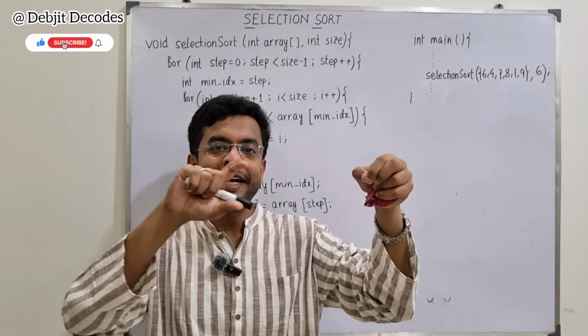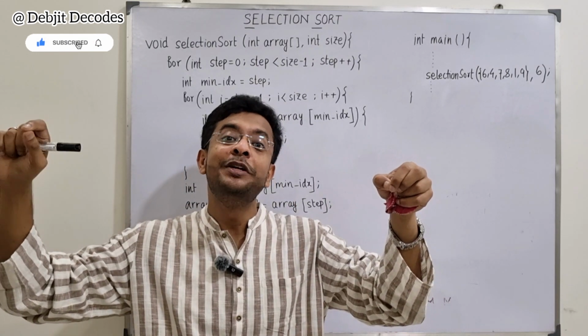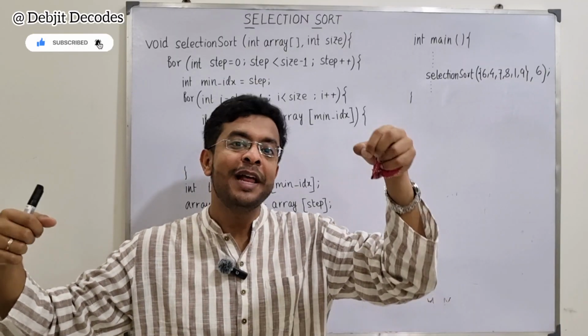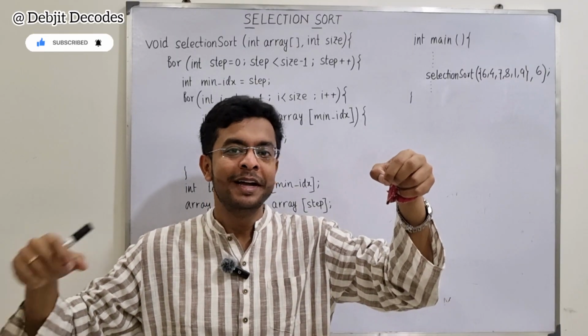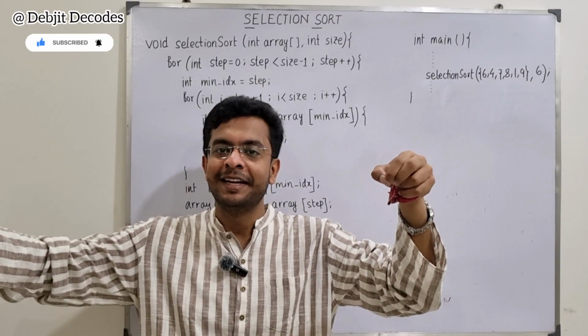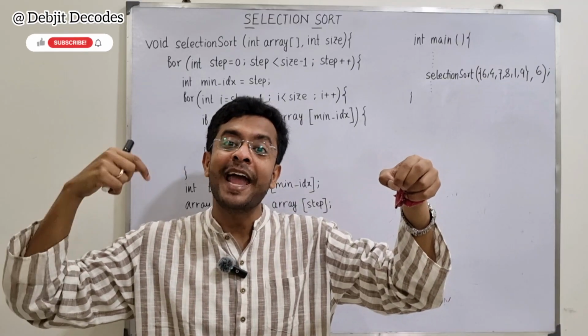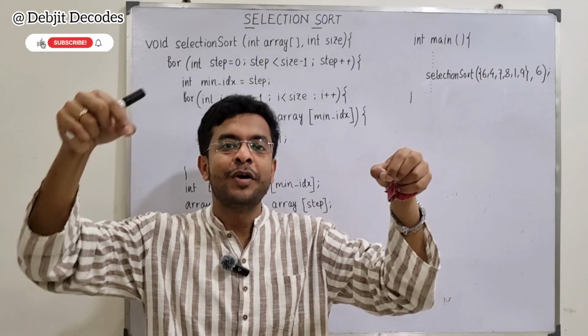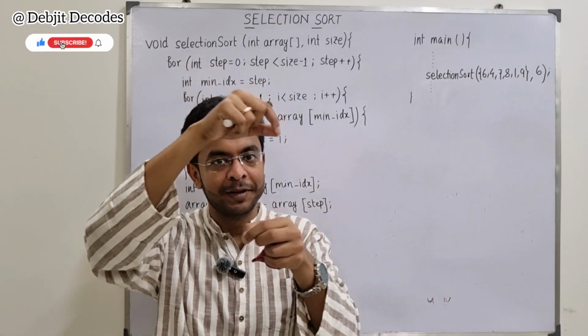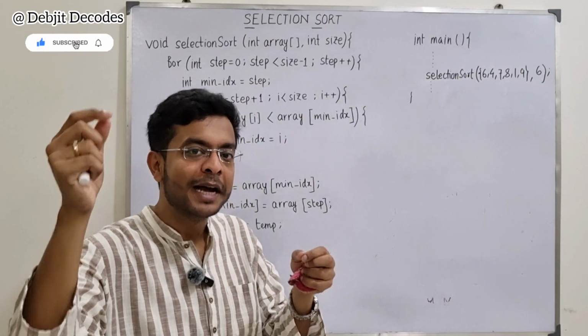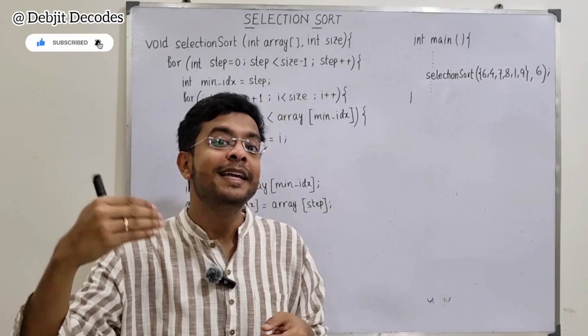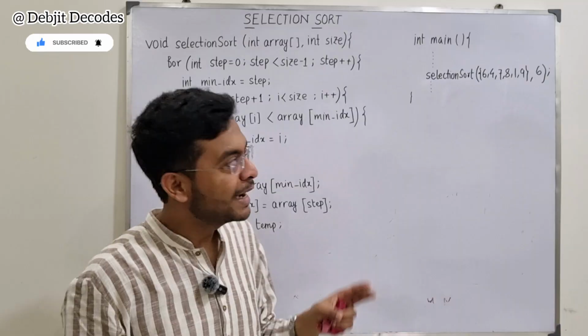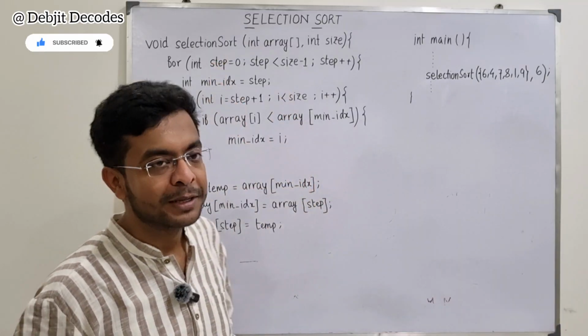Then it scans the entire array to find out which is the actual minimum. Then it swaps these two, and the minimum element comes to the correct position after each external loop iteration. That is the fundamental thing that we will be doing.